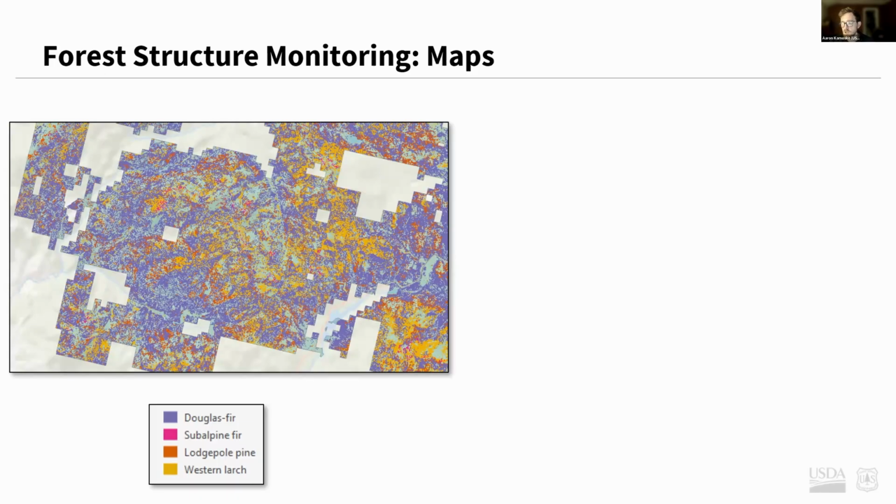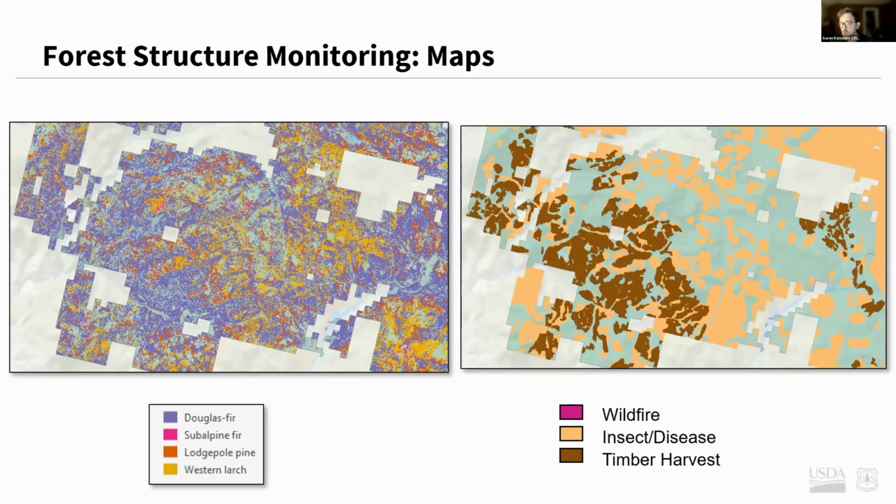This spatial information allows us to overlay additional geospatial information that may occur outside the sample plot network. So here we can see the prevalence of insect and disease activity from Forest Health's Aerial Detection Survey program in timber harvest from the FACTS database, in areas that may be helping to drive some of these impacts and changes that we're seeing.